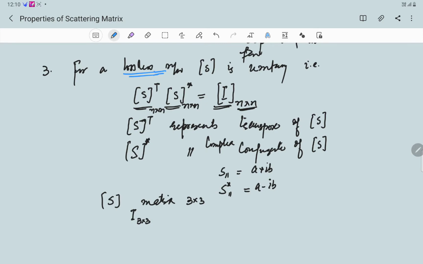Now, what's a lossless network? A lossless network, as you know, is one which cannot absorb or dissipate power.